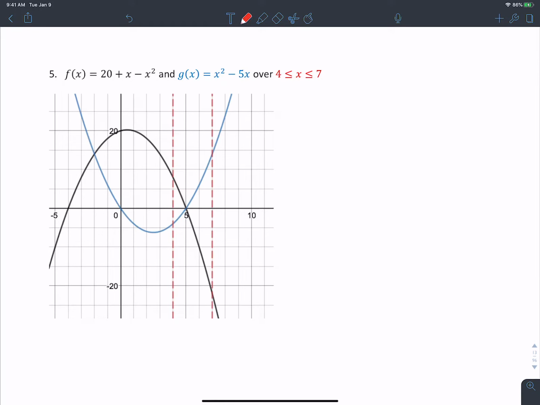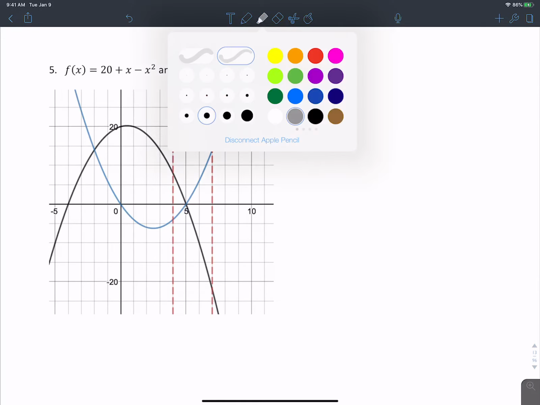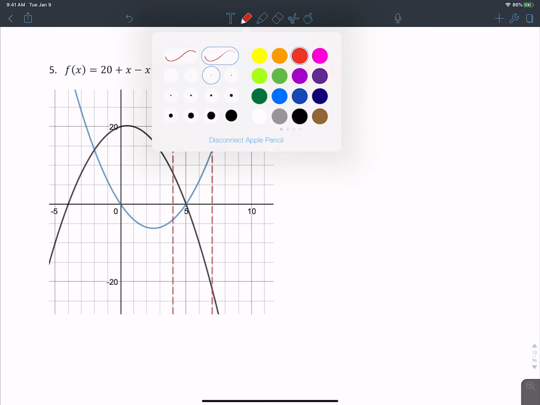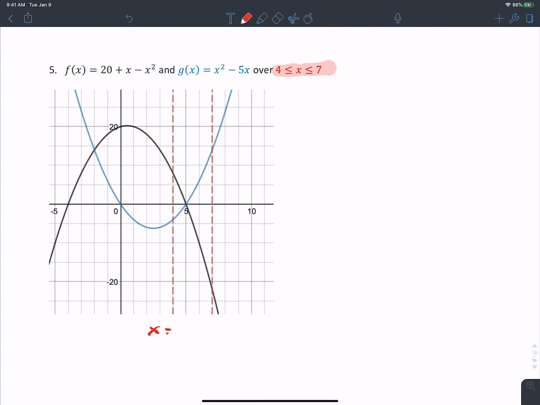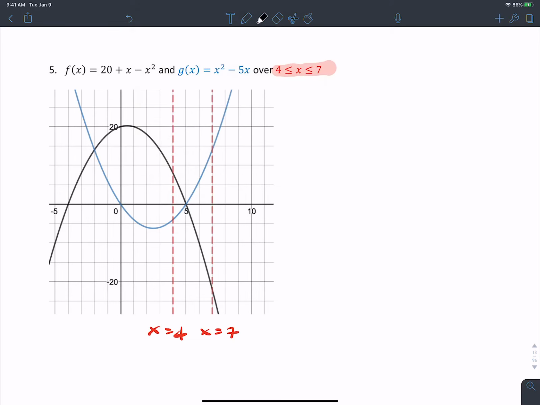Notice what they have going on here. Let's see what they gave us here. From 4 to 7 here. So on the left, this is x is 4. On the right, this is x is 7. So what you have now is they want area between the curves over that interval.